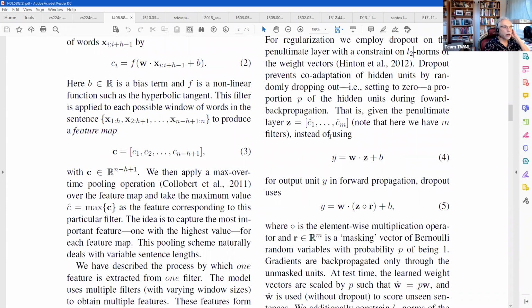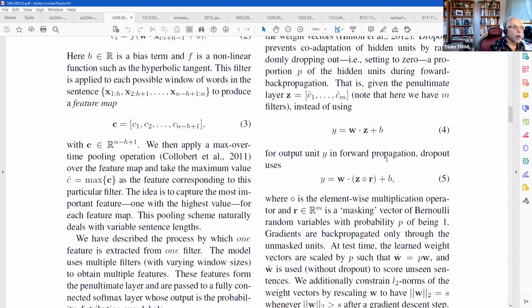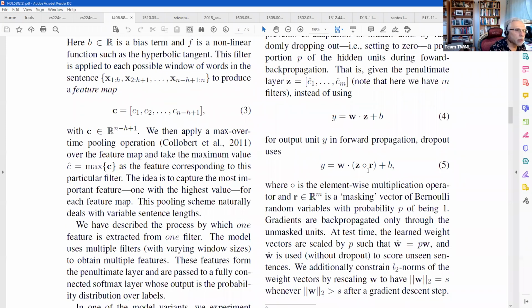Okay, the last layer then, you have M filters. So there it is. The last layer, Z, is this feature map with M elements in it. And then instead of using the linear layer, he says you apply dropout, where you multiply this filter, instead of by Z, by Z processed by this R, where R is the masking vector of Bernoulli random variables, right?